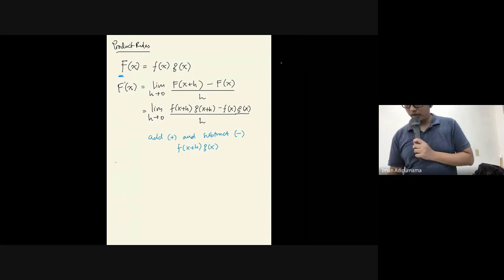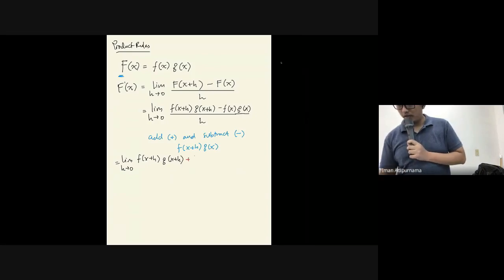Let me write this as a limit, and let me add and subtract, and then the last part, minus.